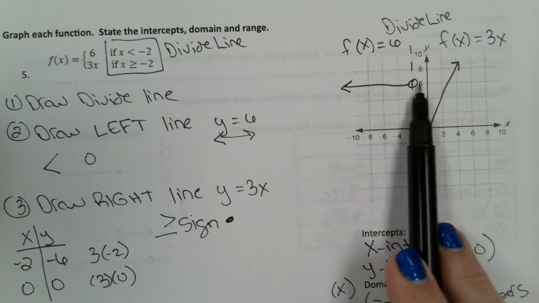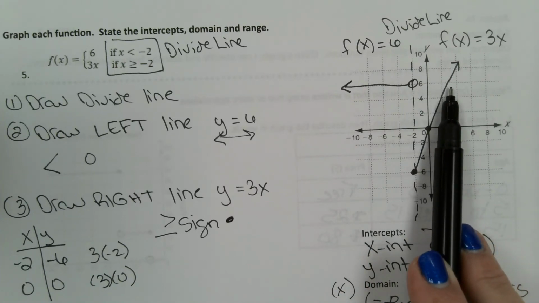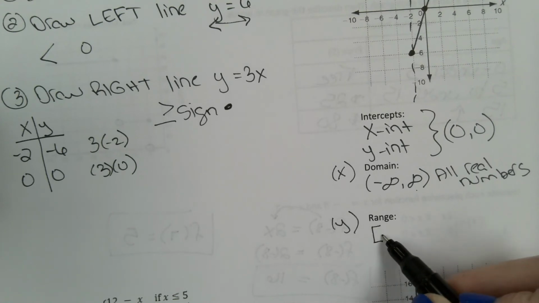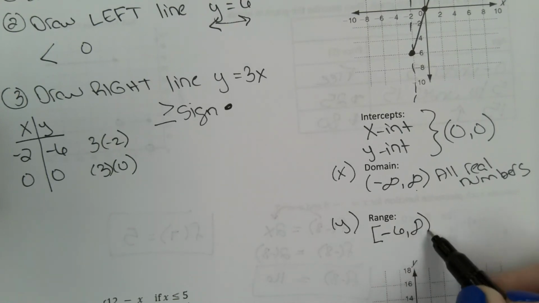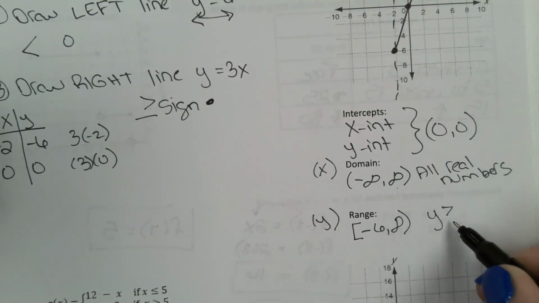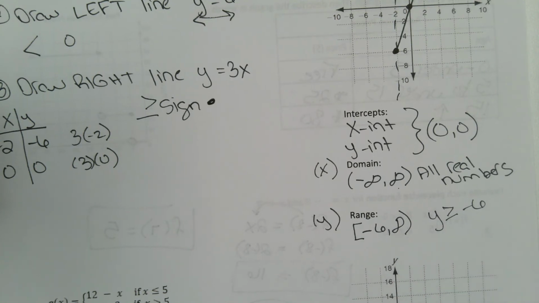Right here, all these values are 6, and that's kind of taken up with this line over here. So this range is negative 6 to infinity. Maybe in Algebra 1, you would have said y is greater than or equal to negative 6. So this is an interval notation way we're going to start doing it. This is another way of saying the same thing.